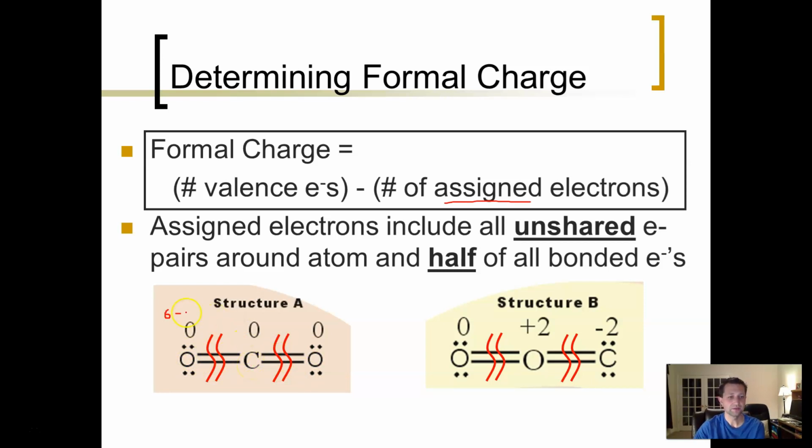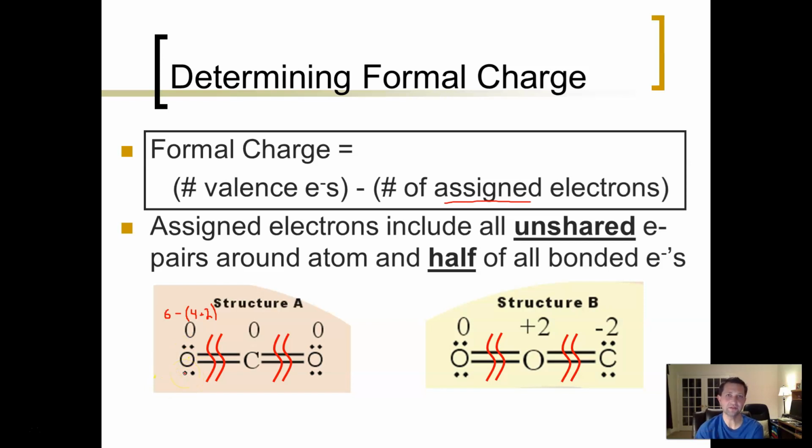Okay, so if we look at what our assigned electrons are, we have 4 of them from the lone pairs, in addition to the half of the bonded electrons. So in a double bond, you have 4 electrons, right? Half of that is 2. So 4 plus 2, okay? So you get 6 minus 6 gives you 0. So the formal charge on that oxygen is 0.